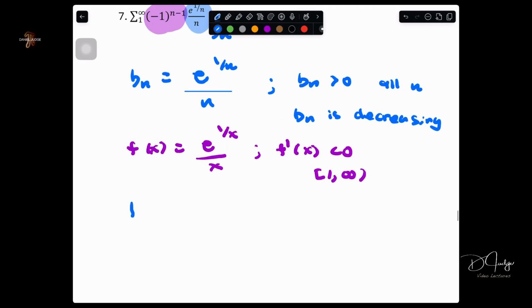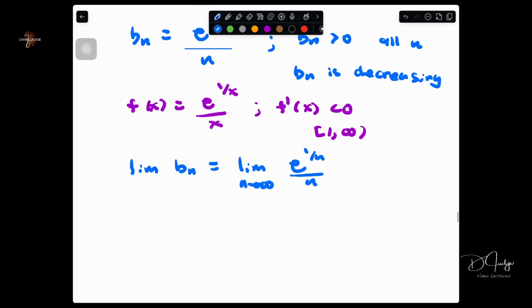Now, let's look at the limit of b_n and see where this goes to. Now, what do we know?